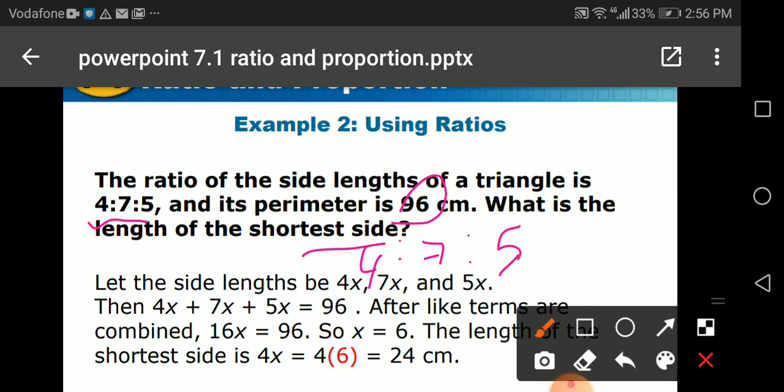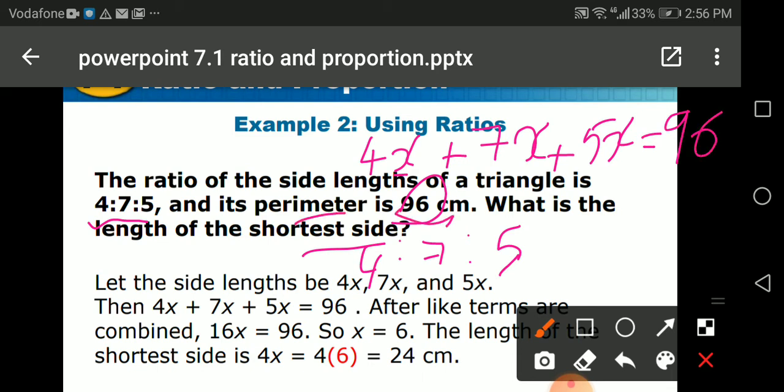It's 4x, 4 multiplied by a number that I don't know, and we have 7x, and we have 5x. All equal to what? 96, as it's given as the perimeter. What does the perimeter mean?